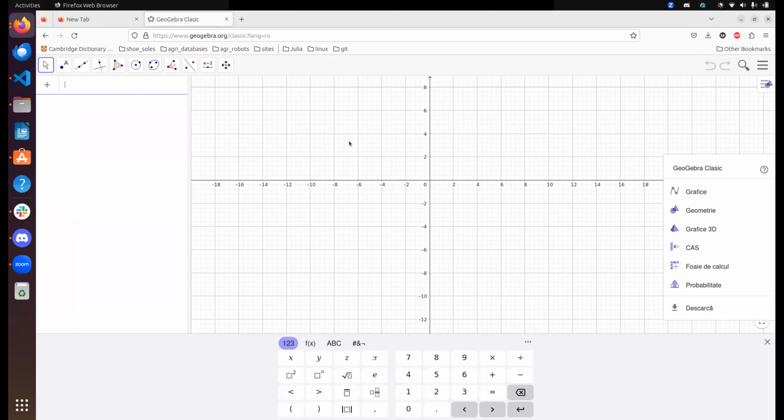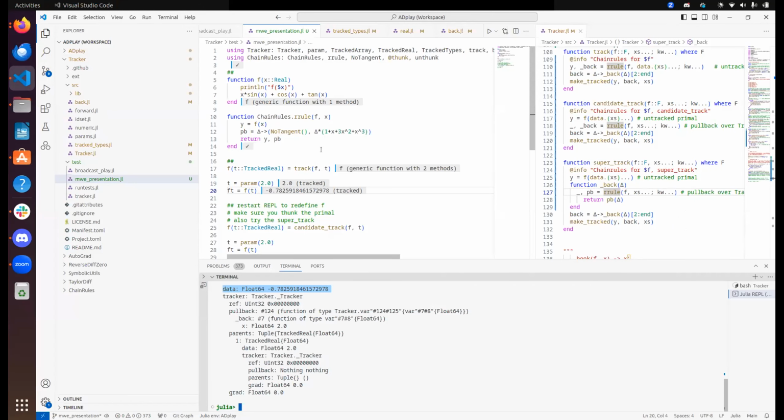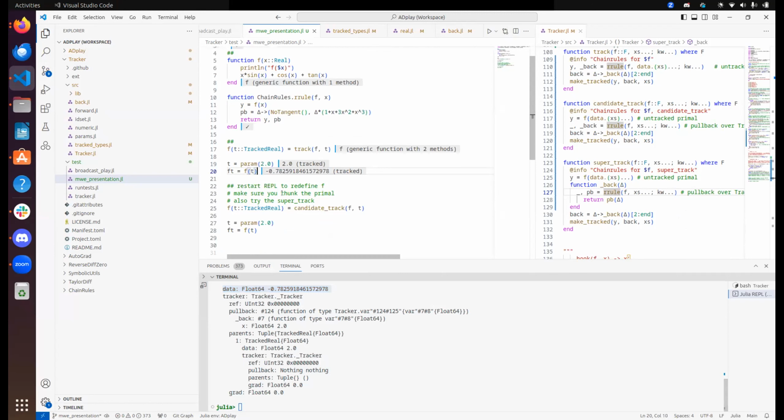Okay, so the bad thing here is that I've lost my drawing, but anyway, I will try to explain without it. And now what I want to do is to get the gradient of my custom function here.